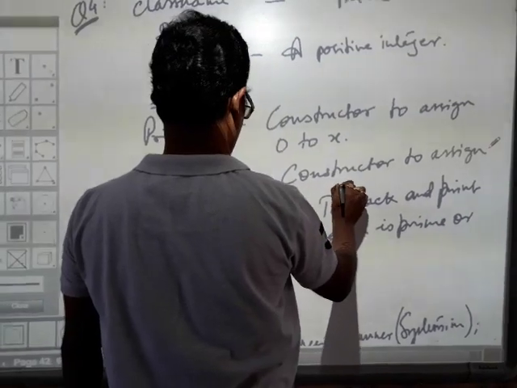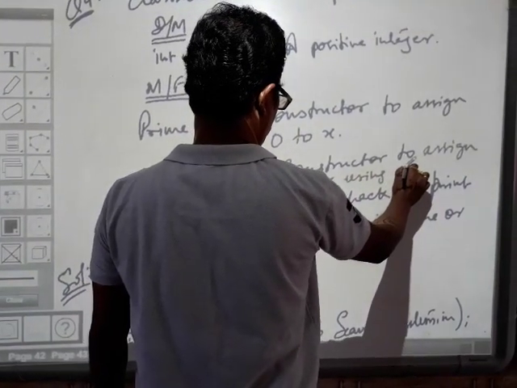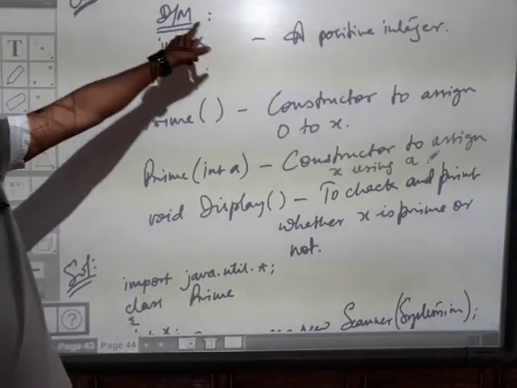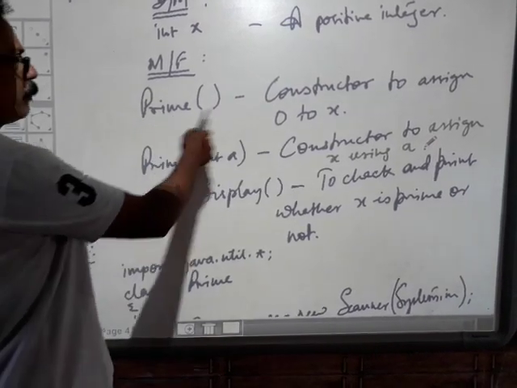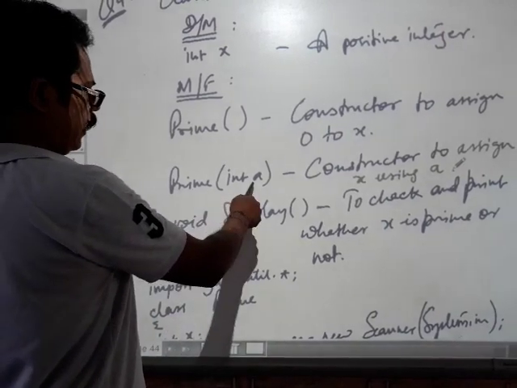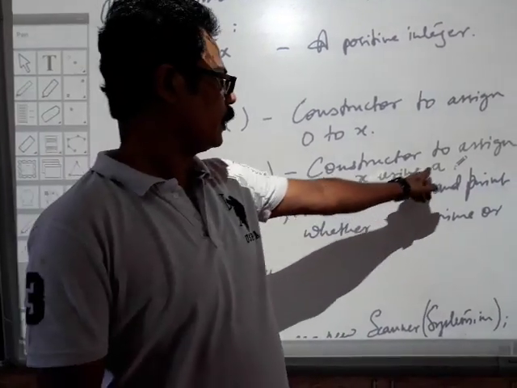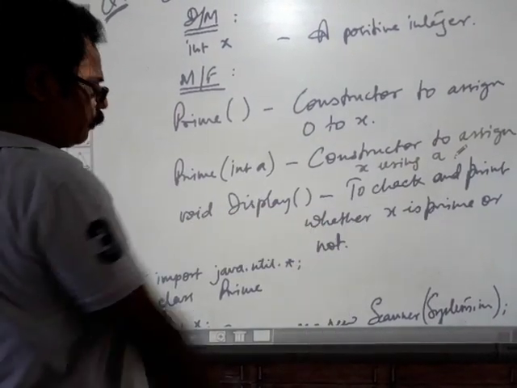So here we have the data members. Class name is prime, data member is x. Prime, this is the non-parameterized constructor to assign 0 to x, and here is prime int x, which means this is a parameterized constructor to assign x using a. Then void display to check and print whether x is prime or not.